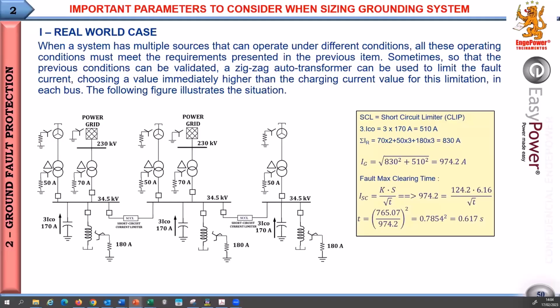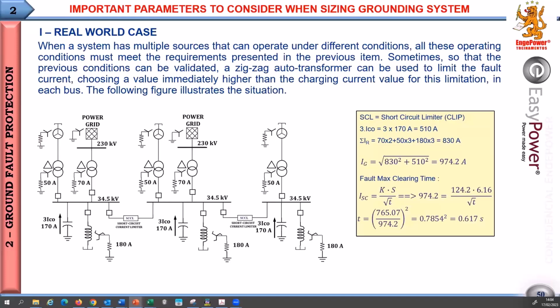Here is the short circuit current limiter. 3IC0 is this value. If we sum all the resistance, we have this value. So the total ground fault will be this value.